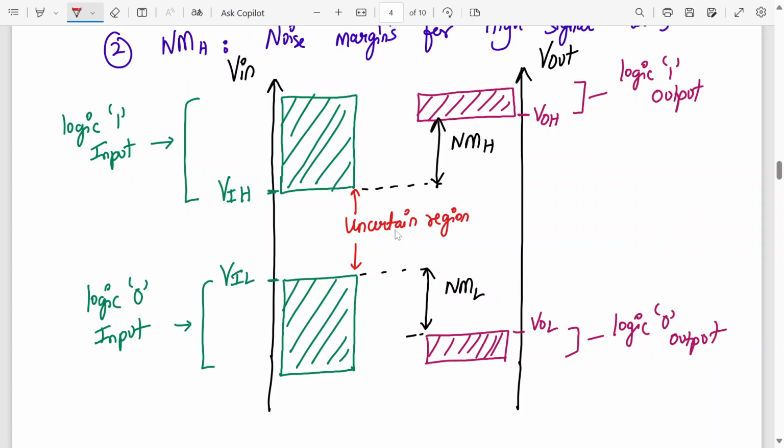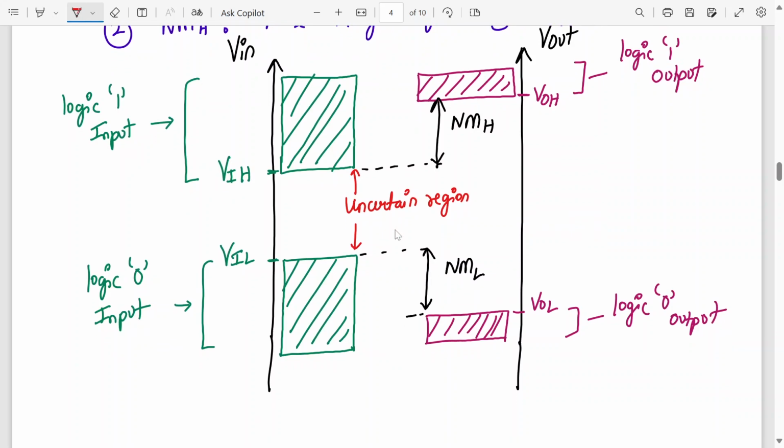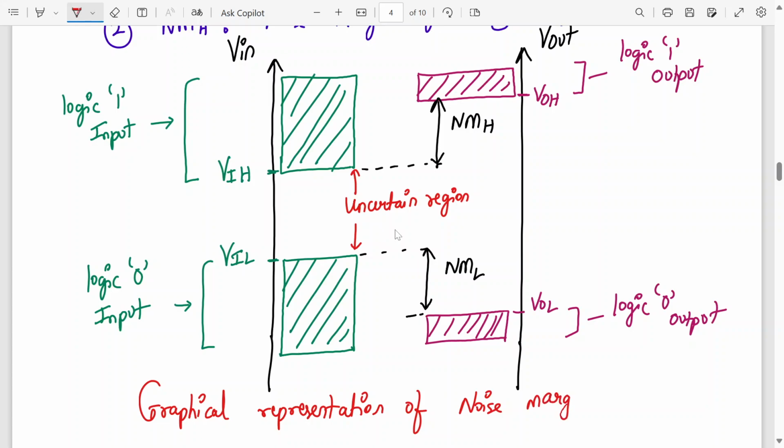Correct? These are the graphical representation of noise margin. Okay?